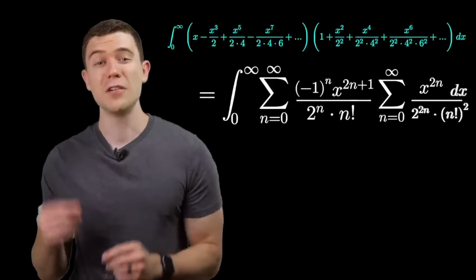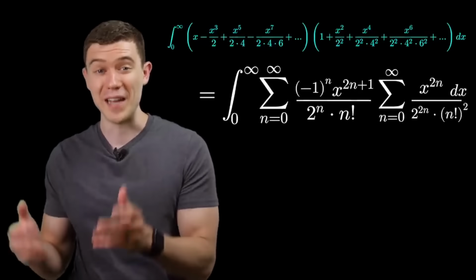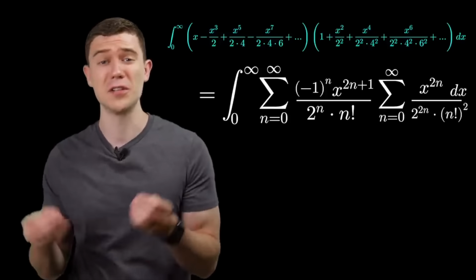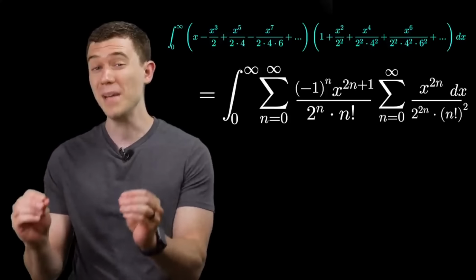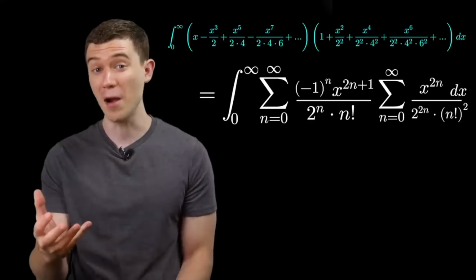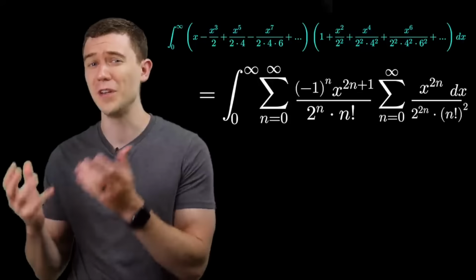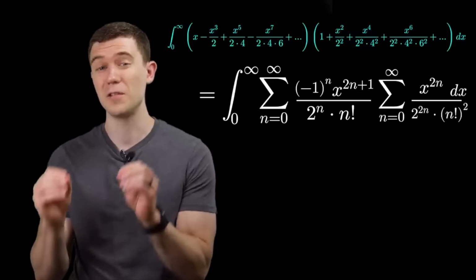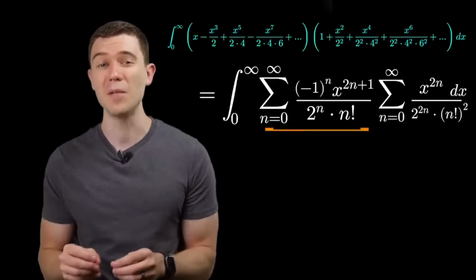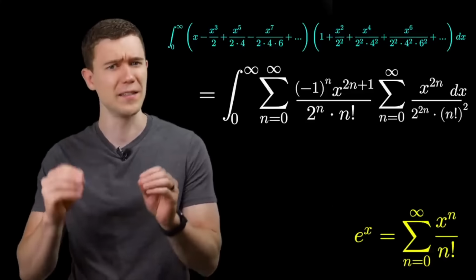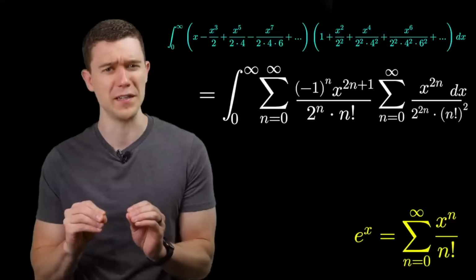Now we've rewritten our integrand using summation notation after finding those tricky patterns, but we're still not any closer to actually integrating this. Maybe we can use our knowledge of power series to rewrite one of these sums as a function we know and love. Take a look at that first series and think about the power series of e to the x. If we can rearrange this, let's just leave the n factorial in the denominator.